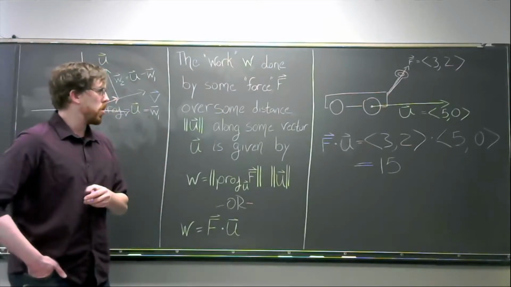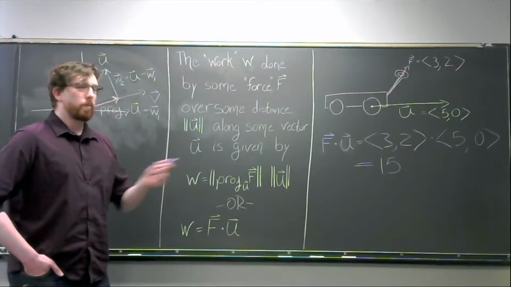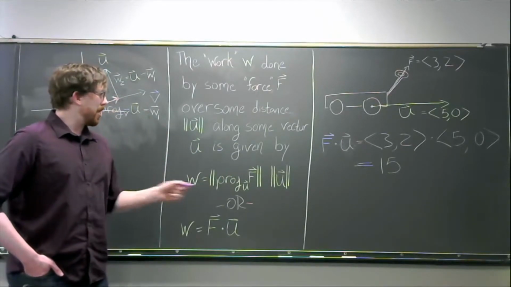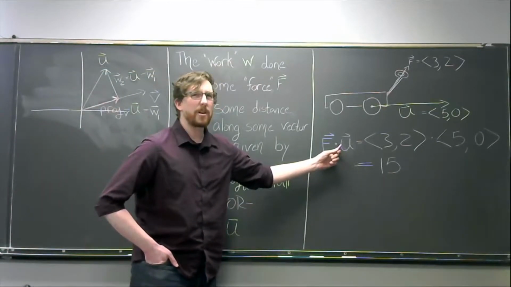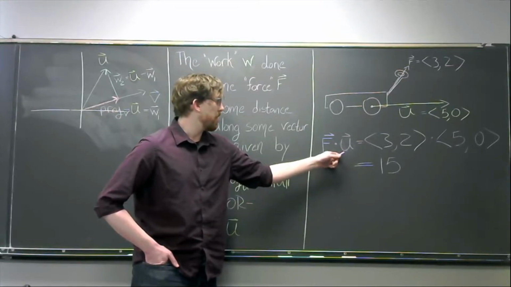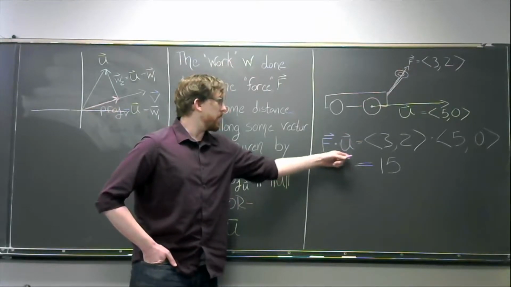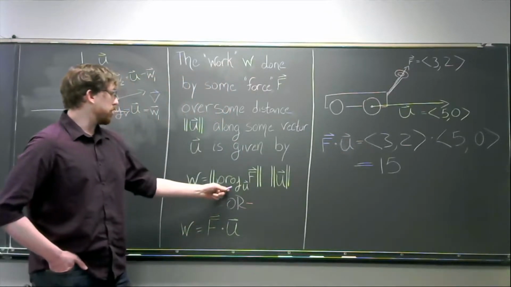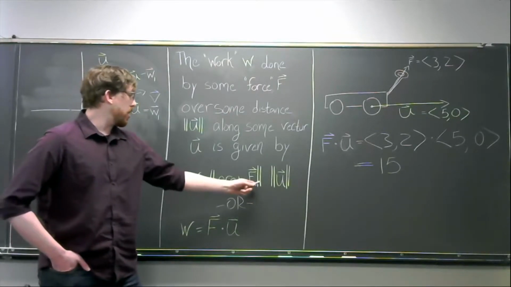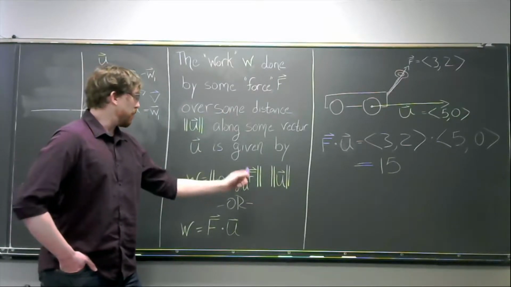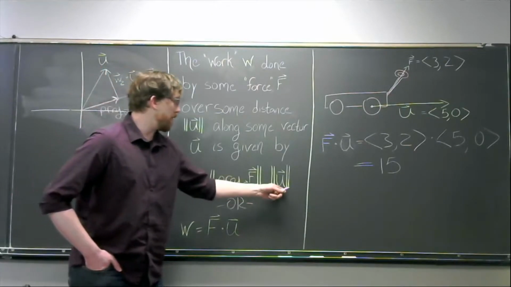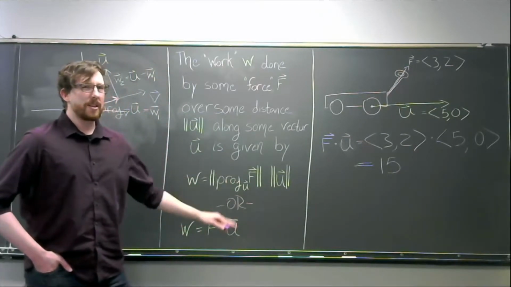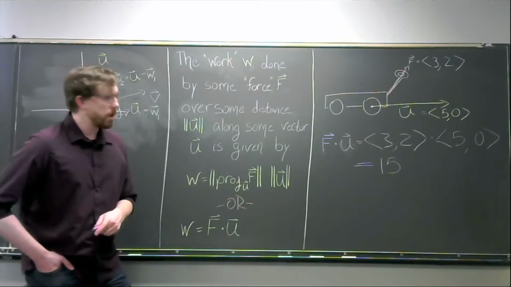Now, I want to compare this to the other method because I'm not convinced looking at this that F dot U is going to be equal to the magnitude of the projection of F onto U times the magnitude of U. I'm not convinced that these two things are going to be equal, so let's check that really quick.